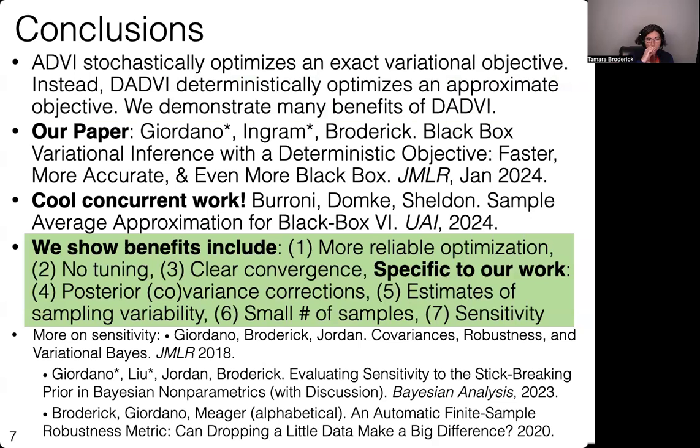A reason that people might have traditionally shied away from the sample average approximation is this worst case behavior. But in Bayesian inference problems, we often have this structure that lends itself to a very small number of samples. We show this theoretically, so I encourage you to check out the paper for the theory, and also cases where you would not want to use DADVI.